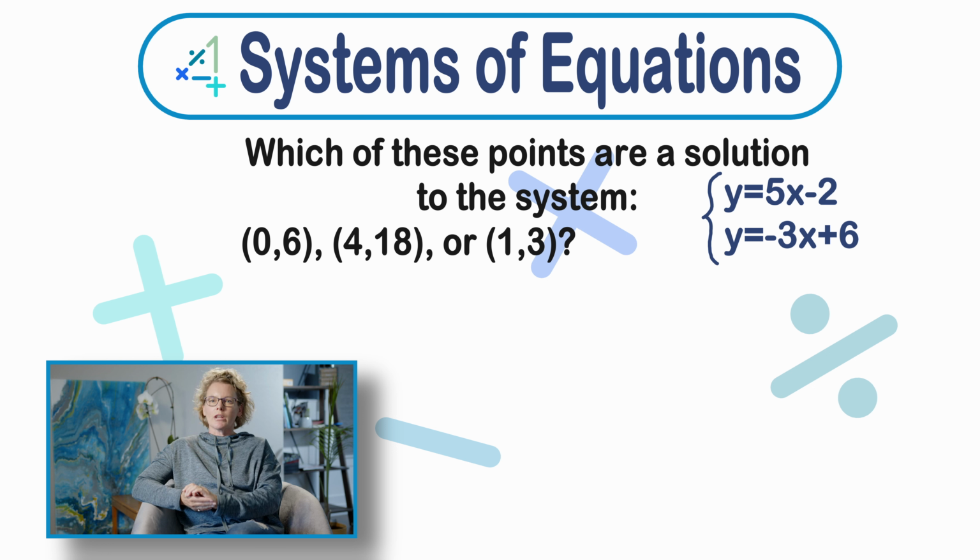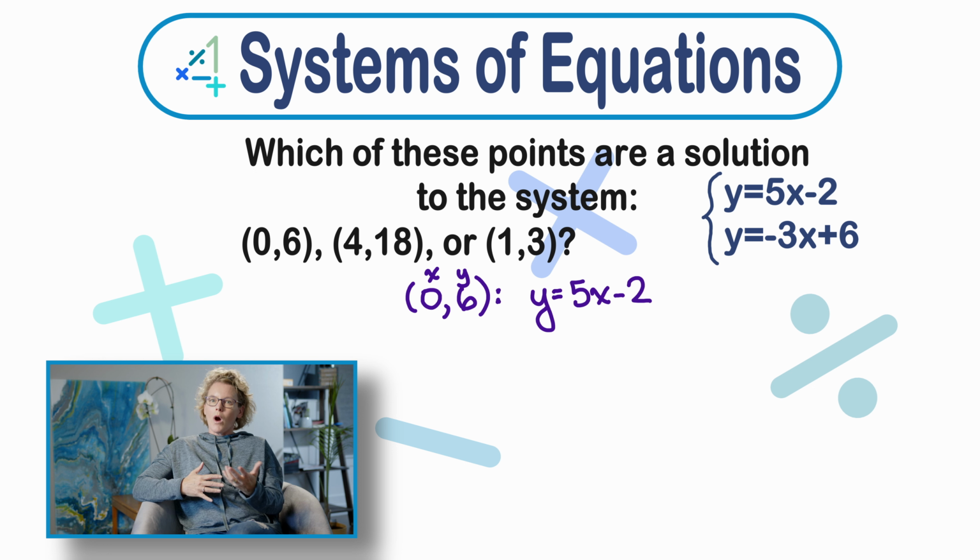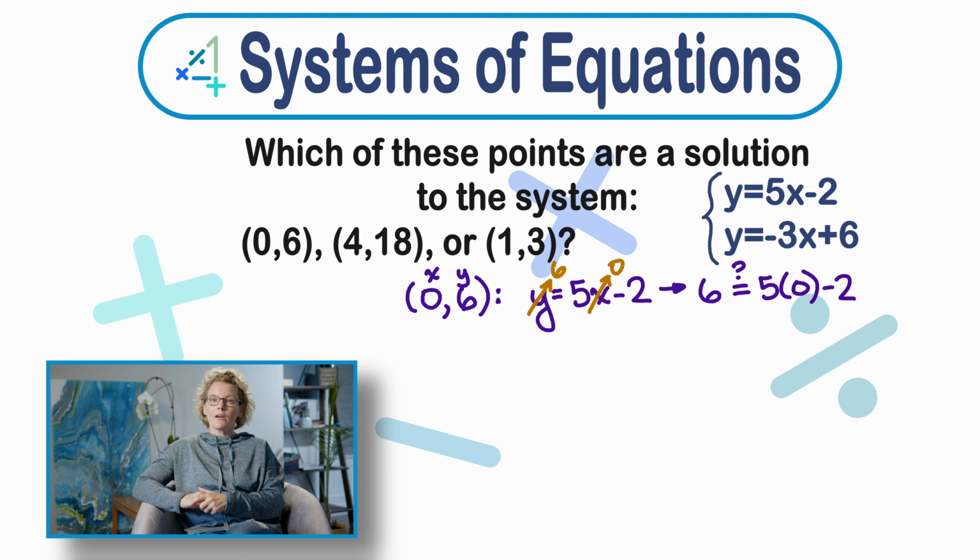To answer this question, we have to plug each of these xy pairs into both equations and find the one that makes both of them true. To check if (0, 6) is a solution, we put the x and y into the first equation, y equals 5x minus 2, turn the y into a 6, and turn the x into a 0, for 6 equals 5 times 0 minus 2.